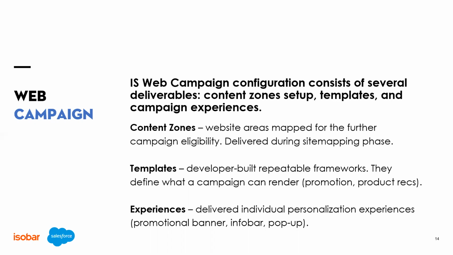And these templates define what a campaign can render. It could be your promotion, some kind of banner, or a product recommendation, and how many placements it will have, so 4, 2, or only 1. With these templates, you let the system know what to use.